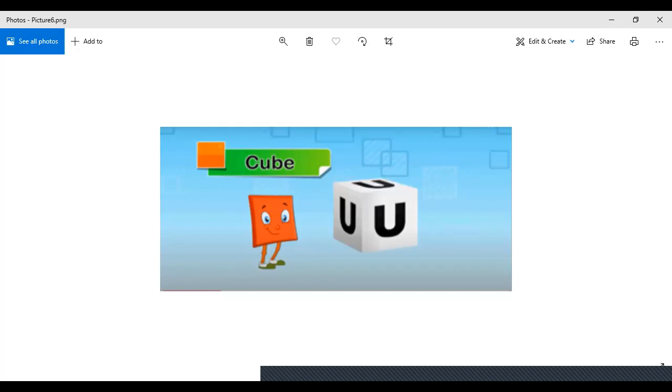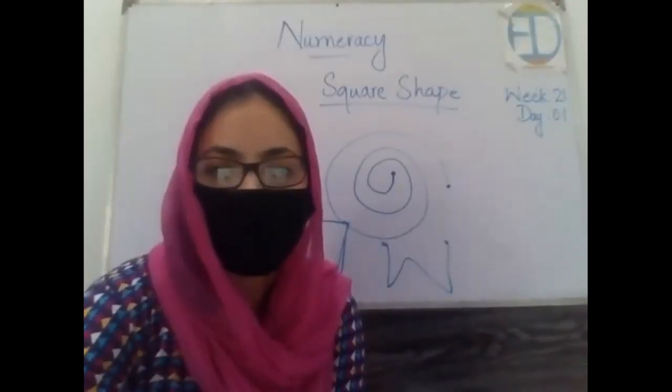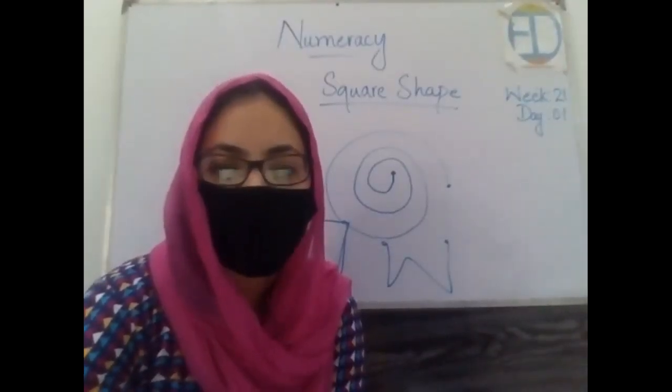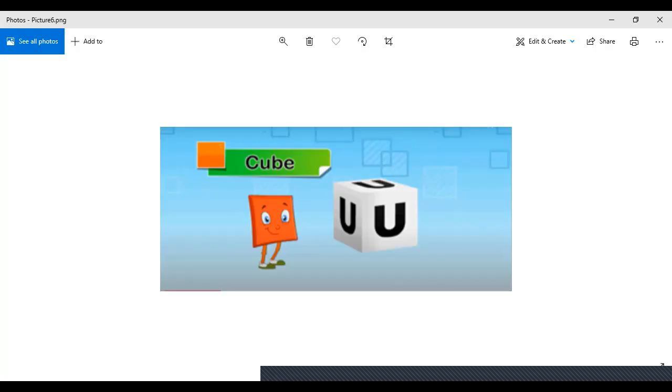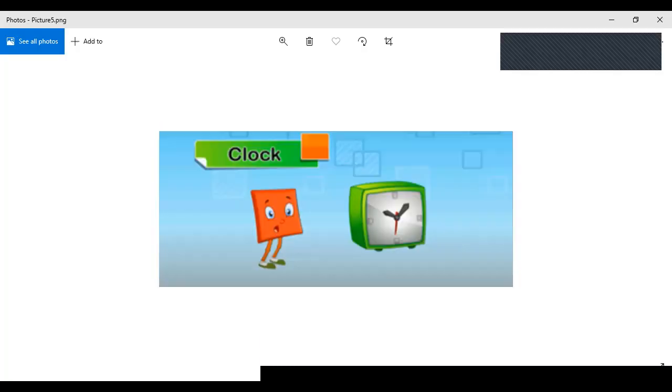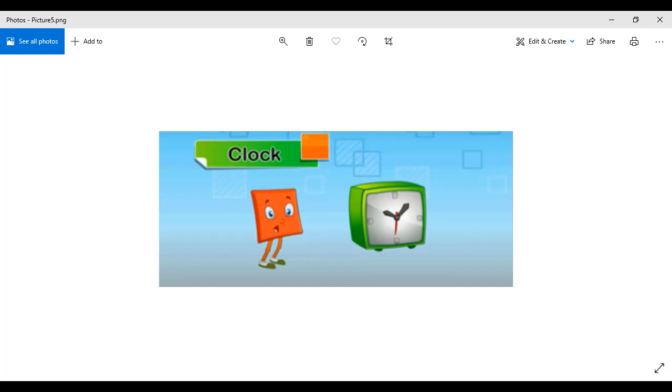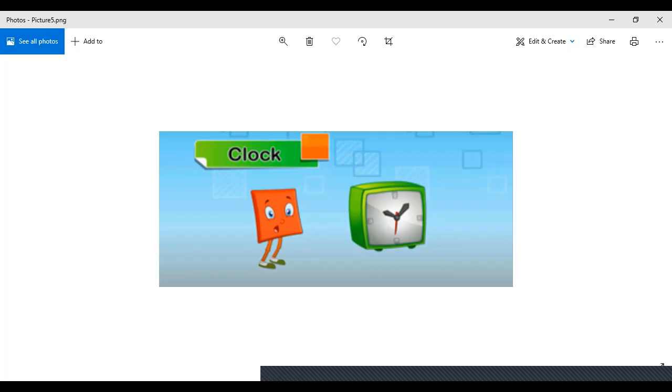Okay. Look at the next example. The next we have a clock. Yes, the wall clock, the table clock, and also the watch. All of them have the square shape, right? So this is also a very interesting and easy example that all of us have seen in daily life.